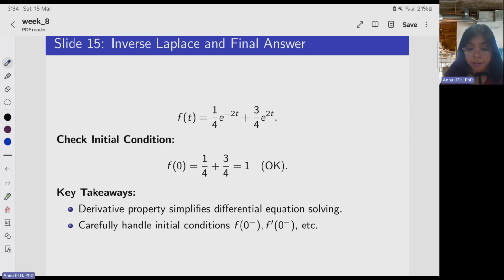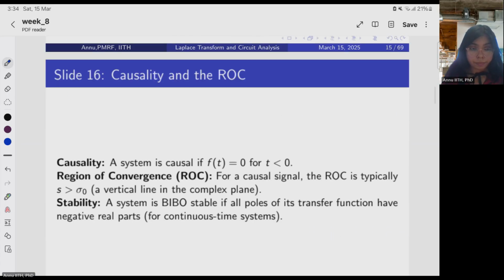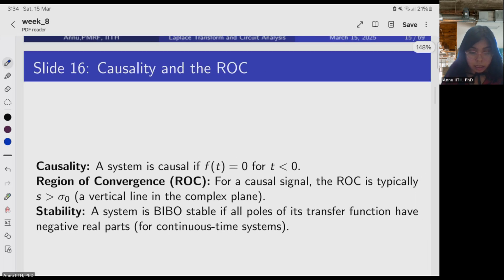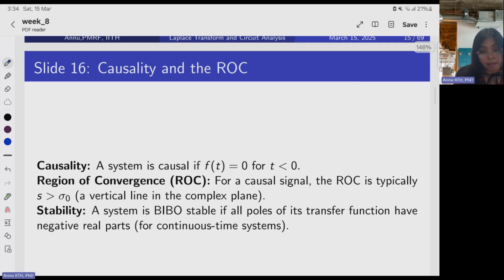Okay, let's move to the next topic: causality and the ROC. As we know, our system is called causal if f(t) is equal to 0 for t less than 0.